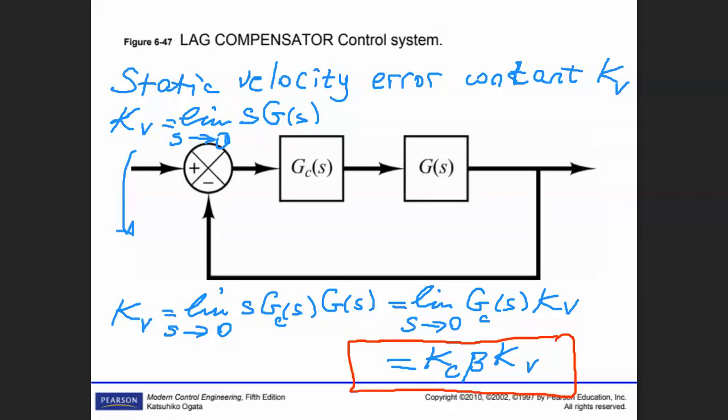Kids, the static velocity error, a new one. Let me write it as K hat v, a new static velocity error. Velocity means speed. So if you are controlling the speed, the steady state error of your speed should be as low as possible.